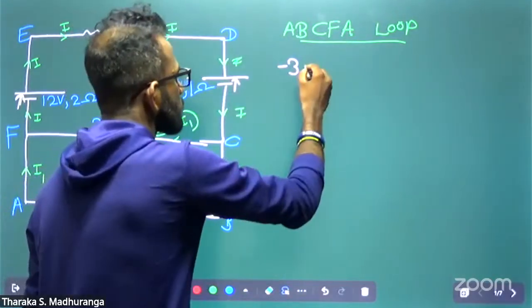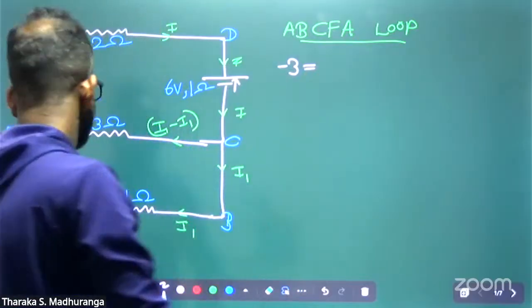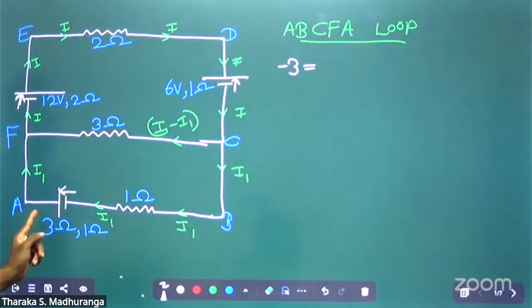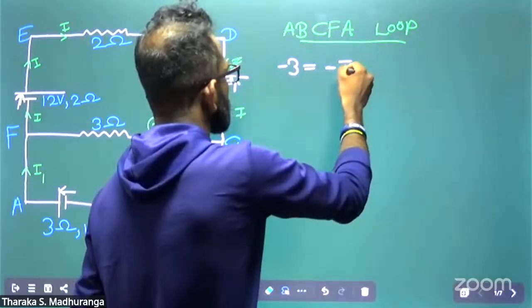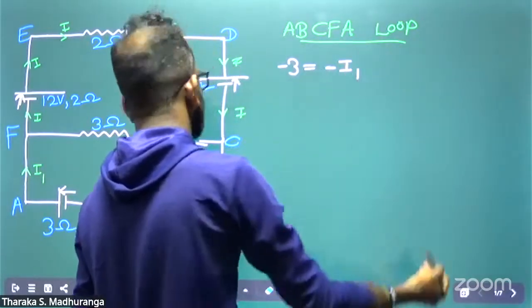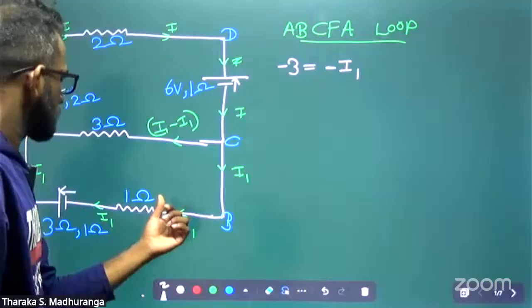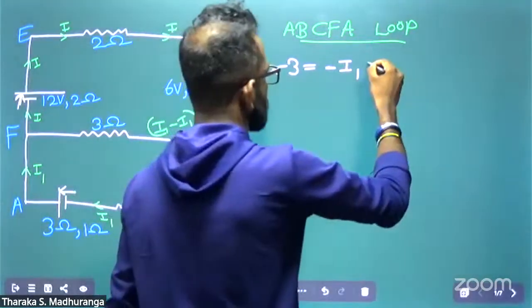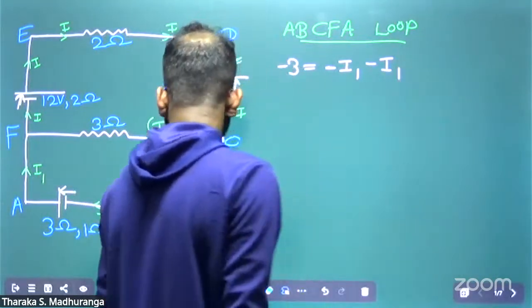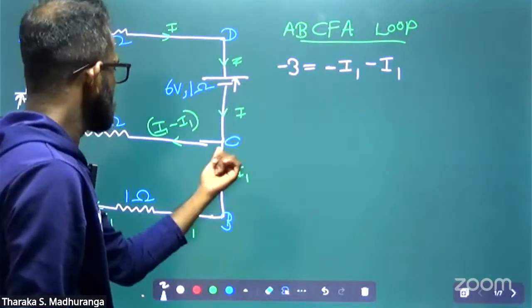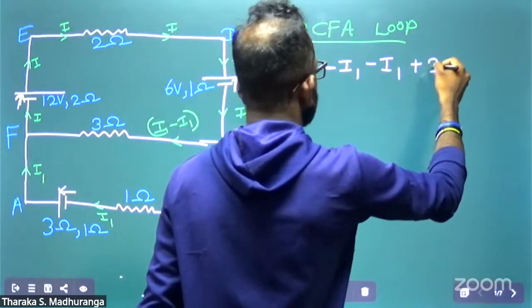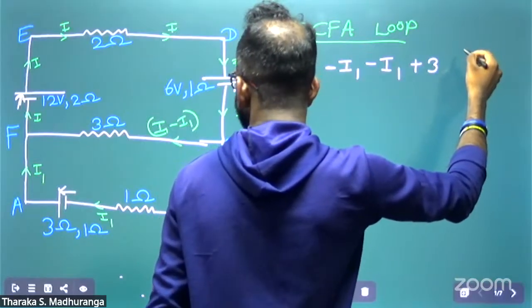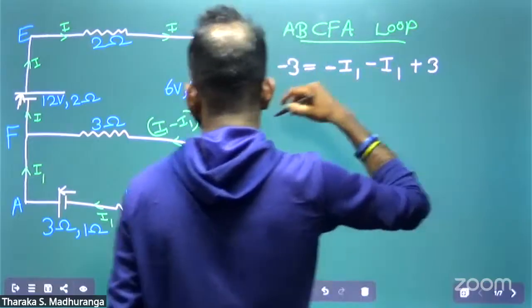No cells again. A to B minus I1. Again minus I1. Plus 3 I1 minus, sorry, I minus I1.